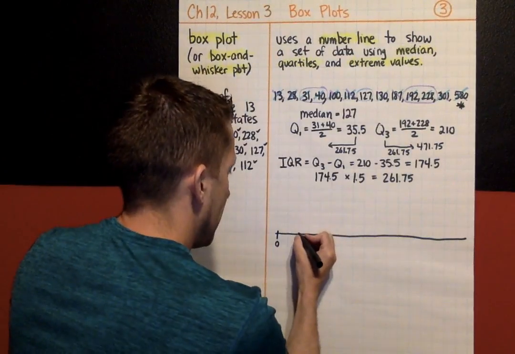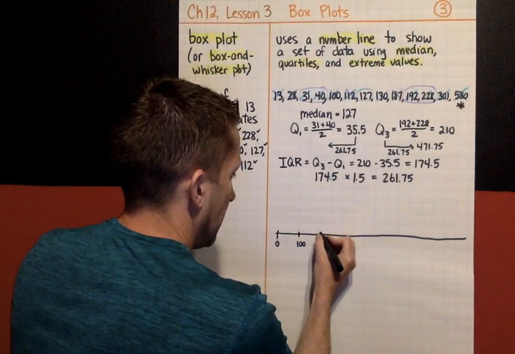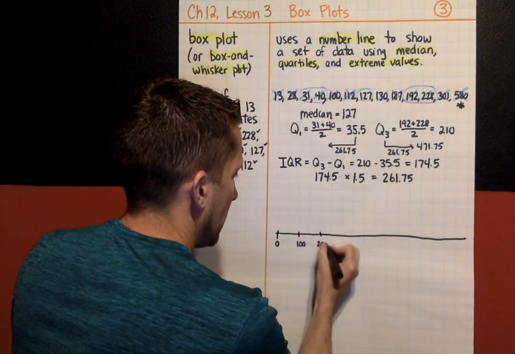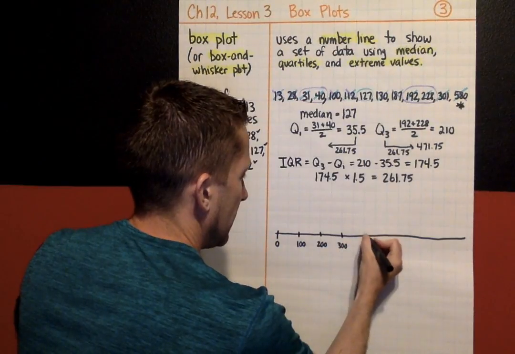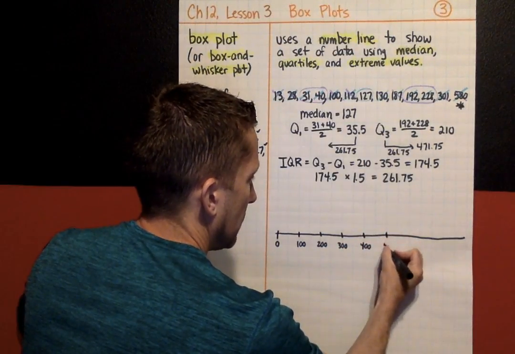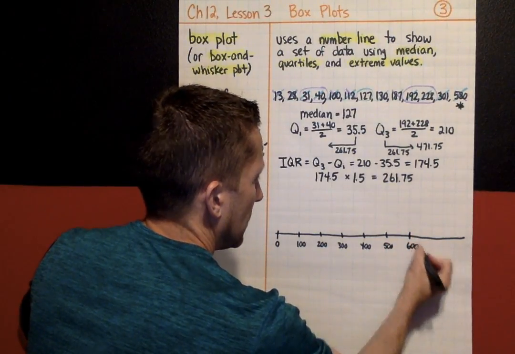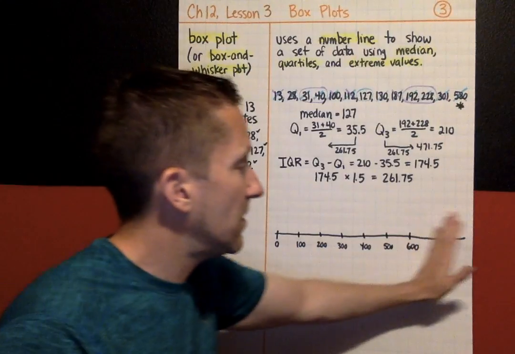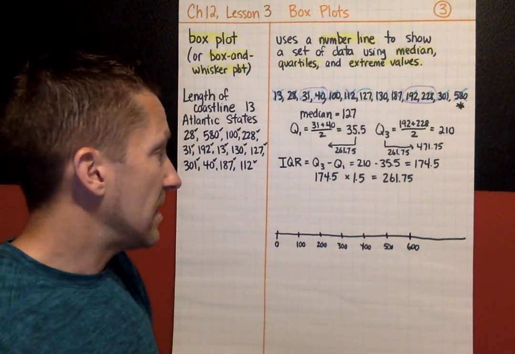I'm going to make that 100. So this is 100. 2 more grid lines, that's 200. 2 more is 300. 400. 500. And 600. So I won't need to use all that, but now I've got a number line that I can use.